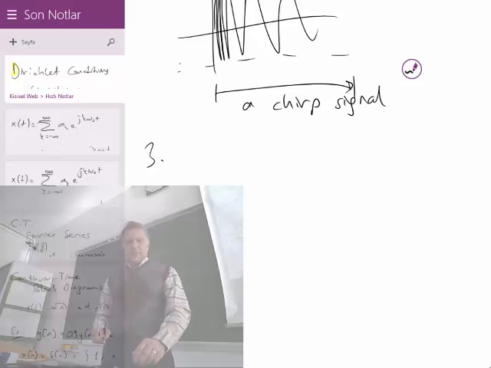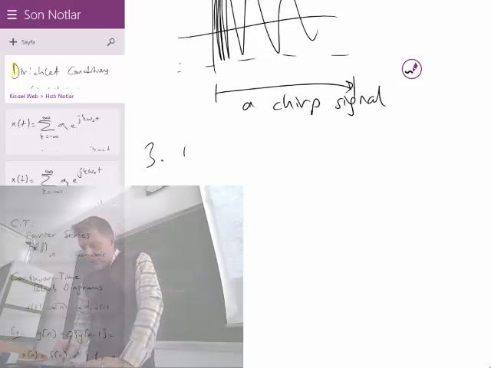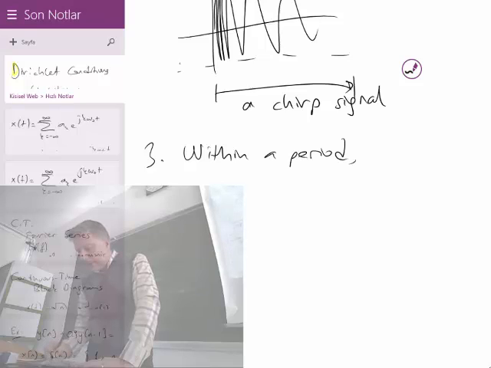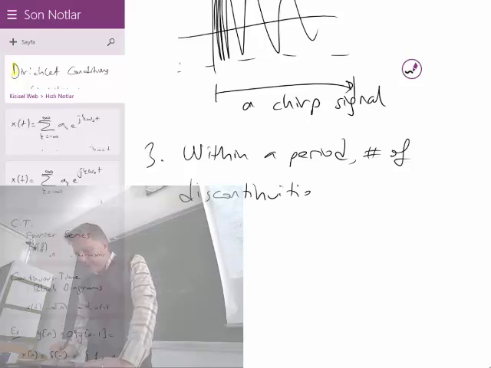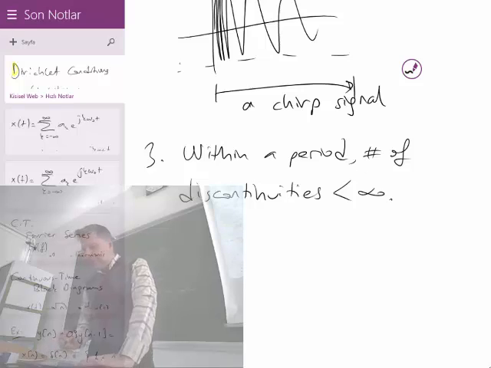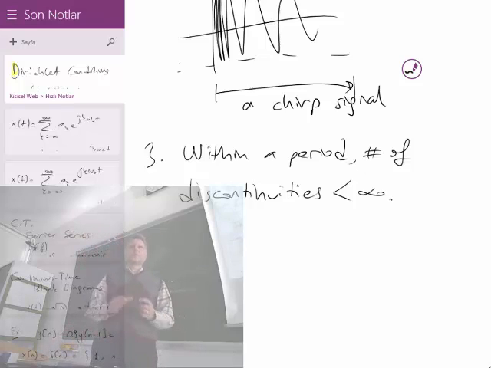What is the third condition? Within a period, the number of discontinuities must be finite. This is even more difficult to imagine.